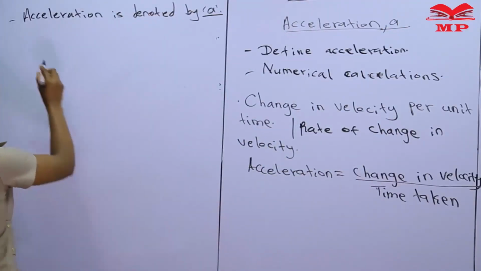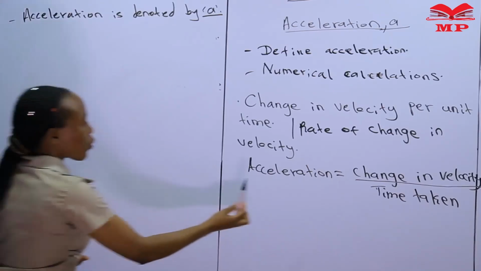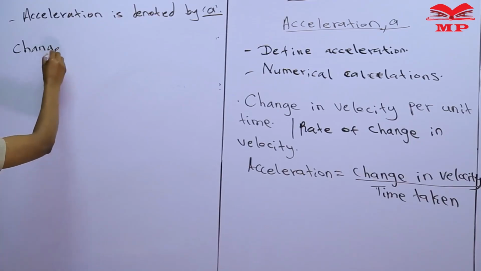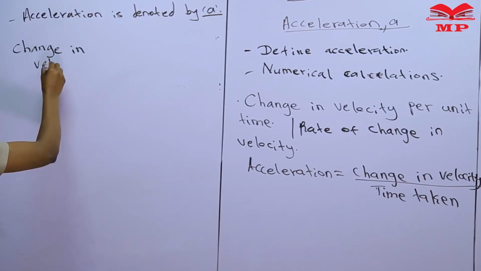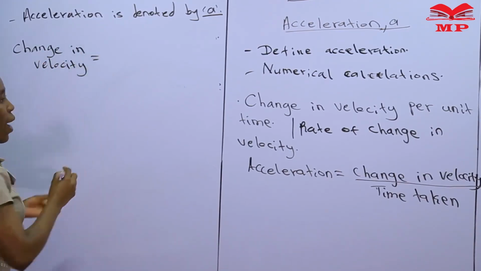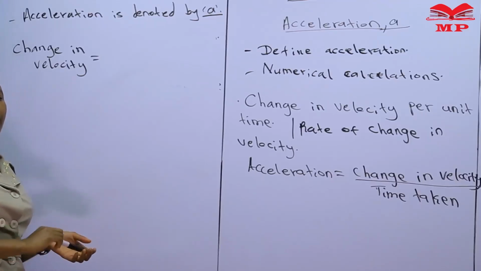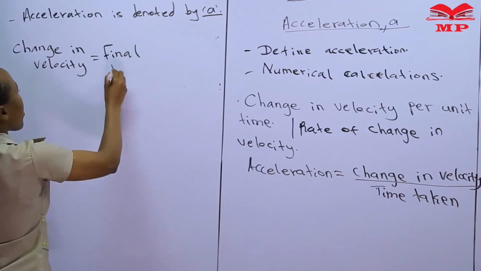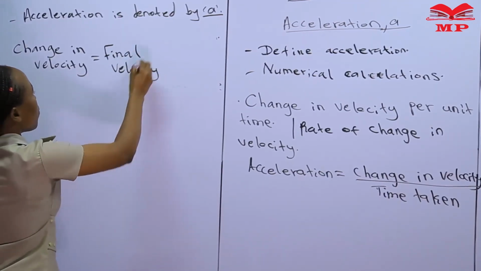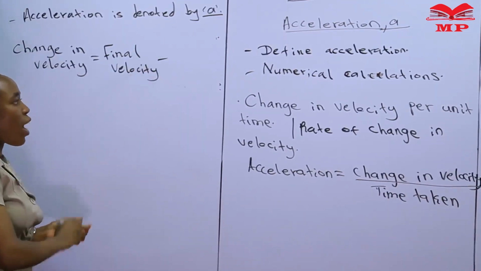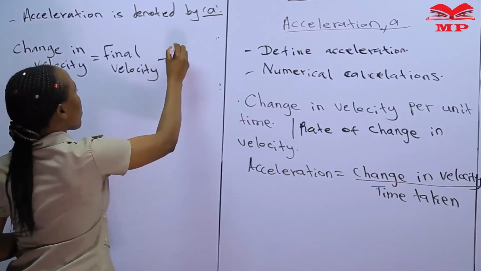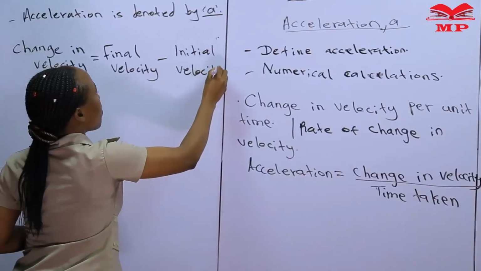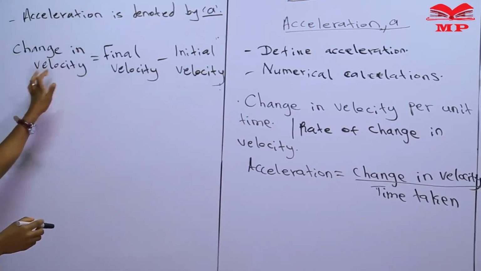And therefore, when we want to get the change in velocity, it will simply be given by the final velocity minus the initial velocity. For us to have the change, we have the final and the initial. That's what will give us the change in velocity.